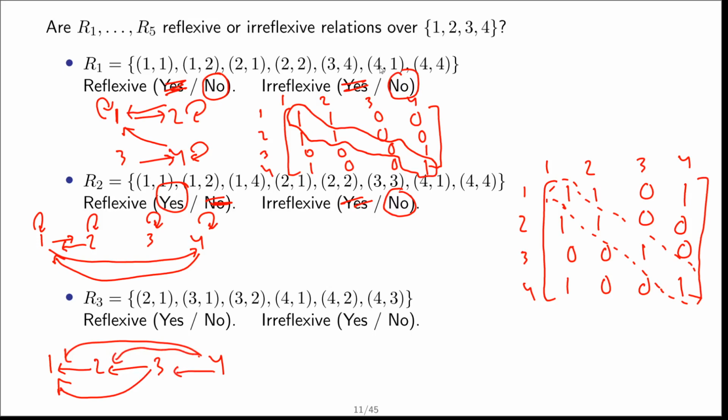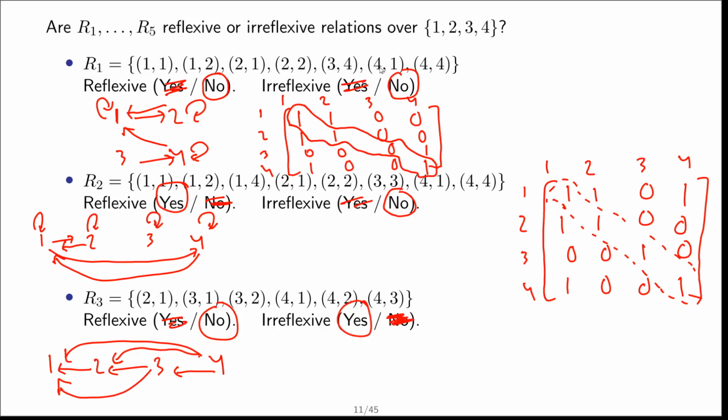So there is no loop here, or there is no outgoing arrow from any of the elements to itself. So therefore this is not reflexive, and this is irreflexive.